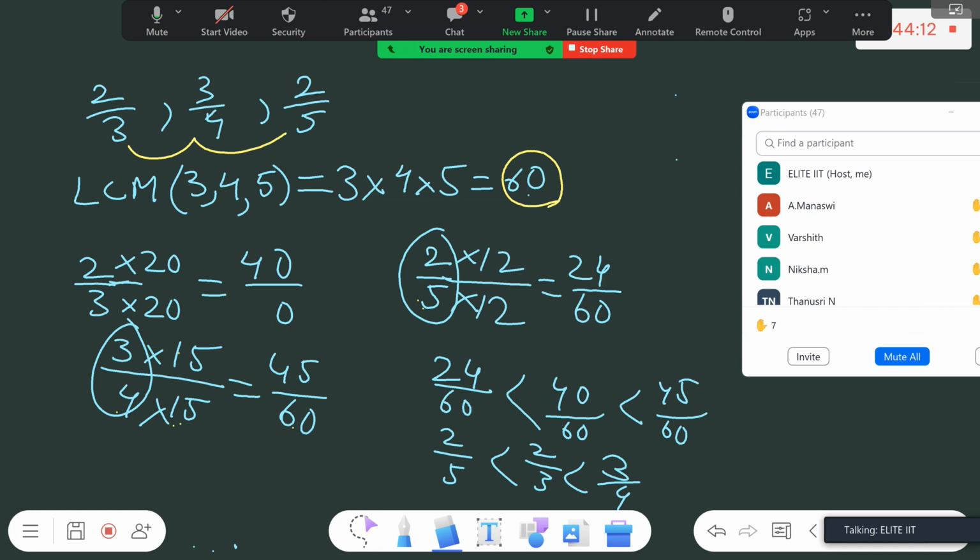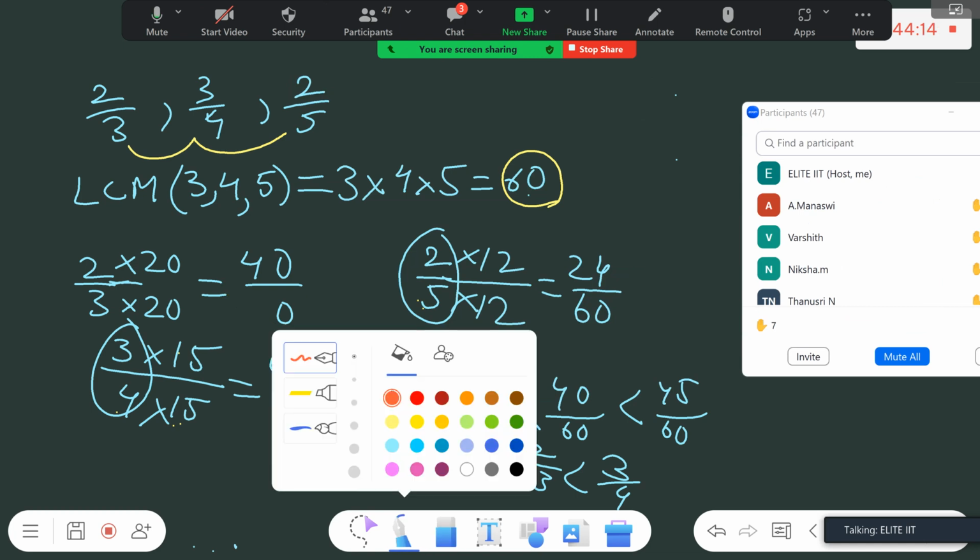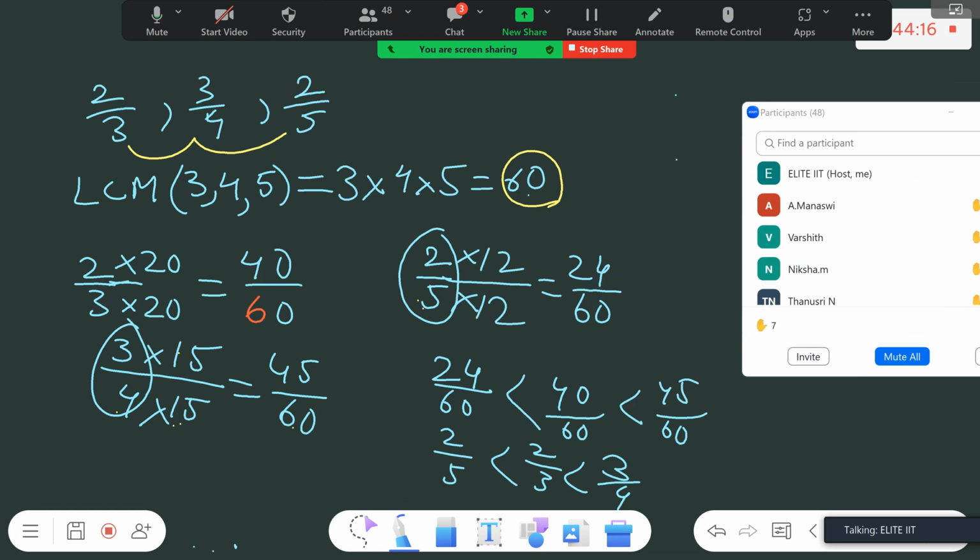We have to make this denominator 60, right? So we multiply the denominator 3 by 20, and if you multiply the denominator by 20, we have to multiply the numerator also by 20. So it becomes 40 by 60.